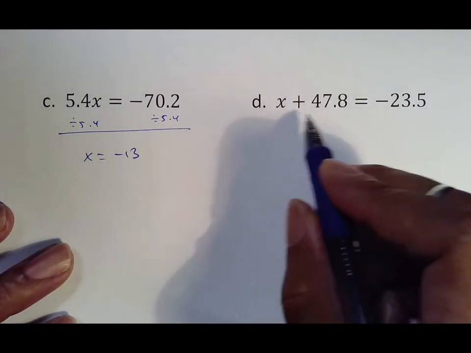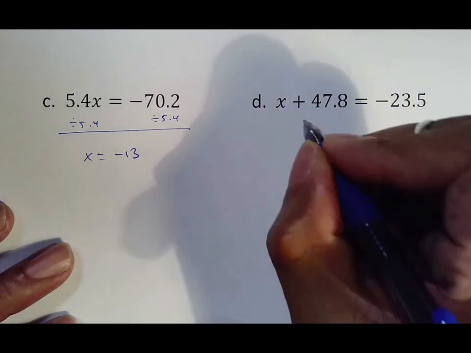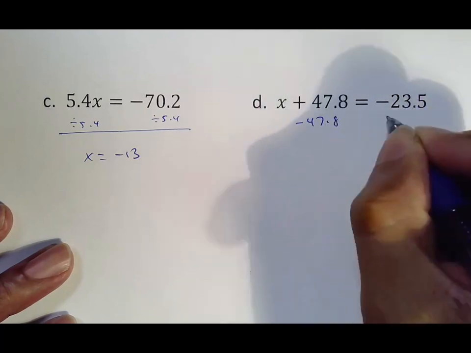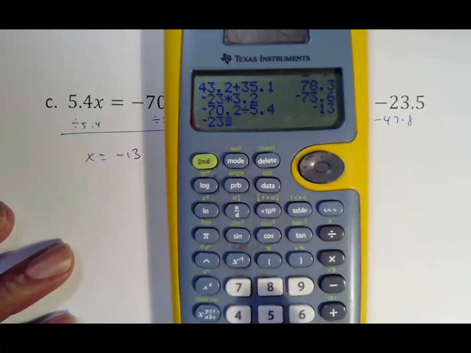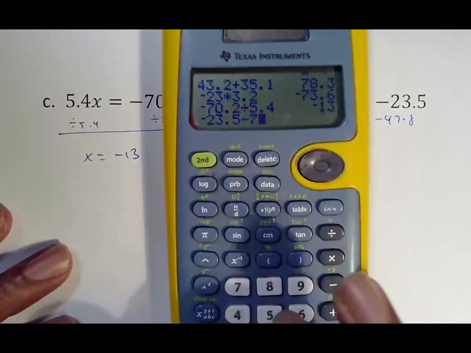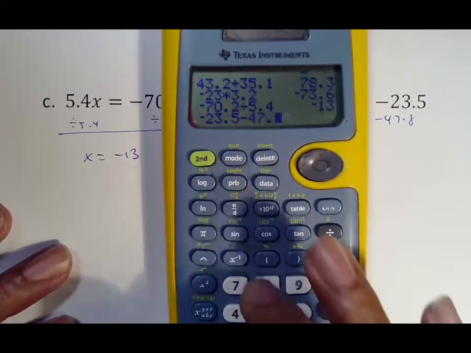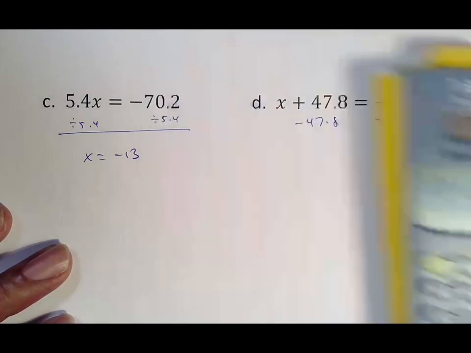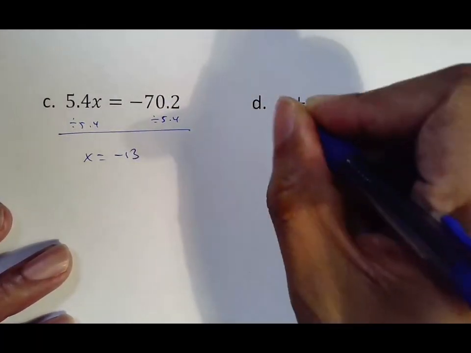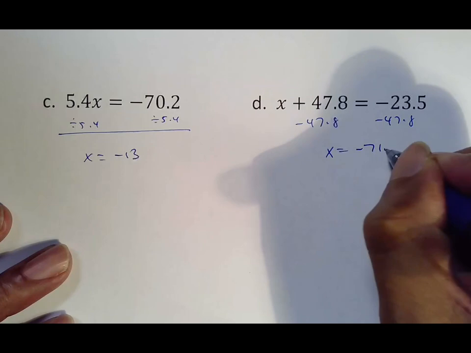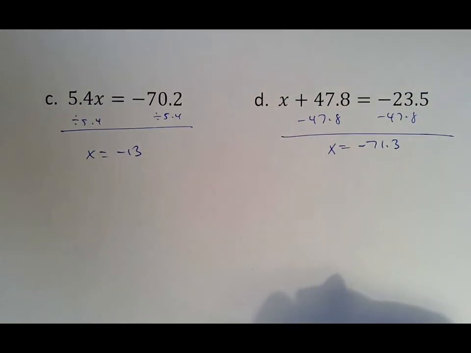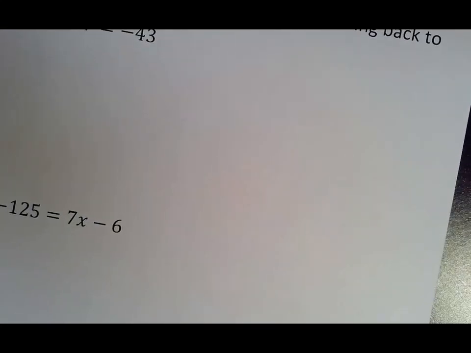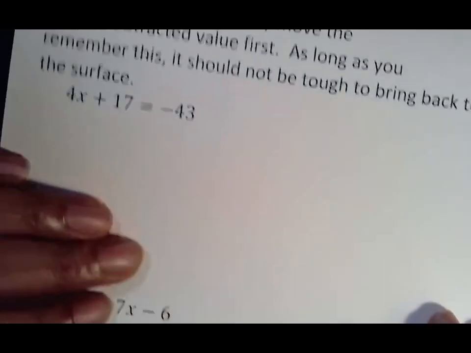And then we saw a problem where it's plus 47.8, so we're going to subtract 47.8. Therefore, doing negative 23.5 minus 47.8, which gives us negative 71.3. Again, x comes down on that side, negative 71.3 on that side, and that's that. So that was yesterday, and that was pretty much a review of your one-step equations.